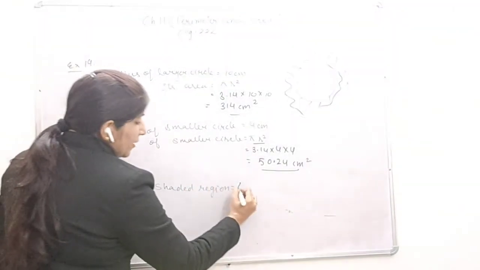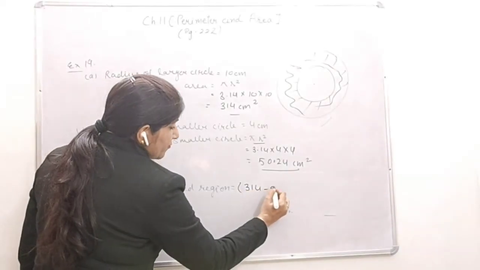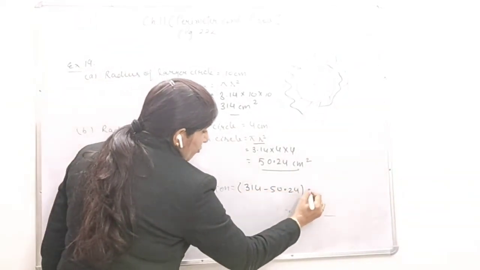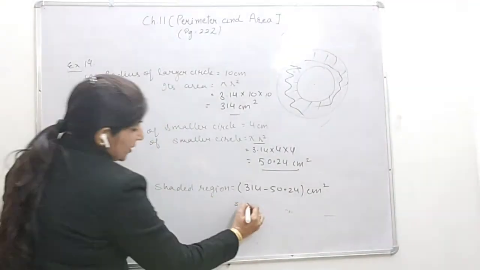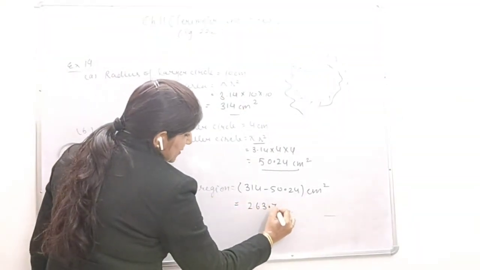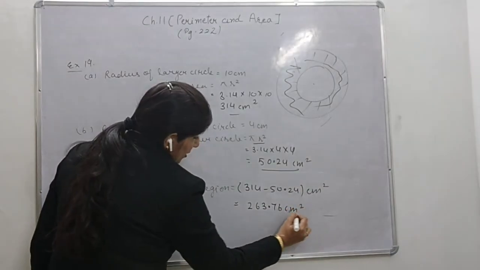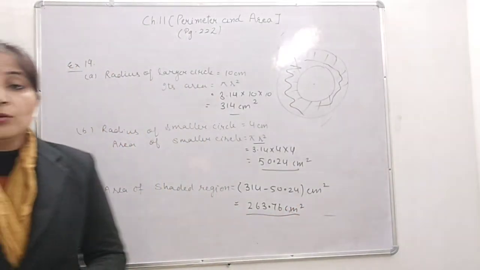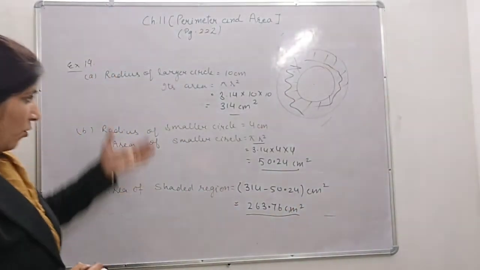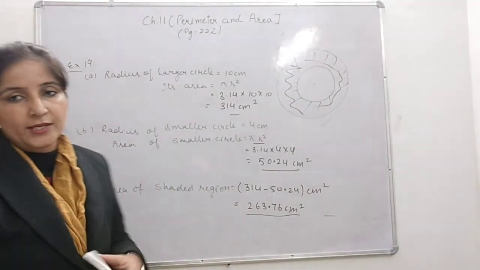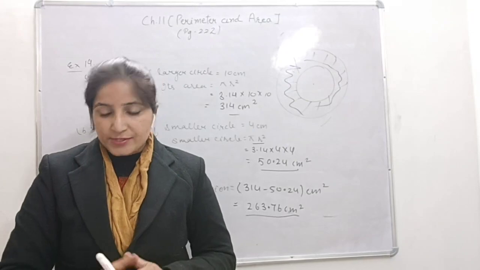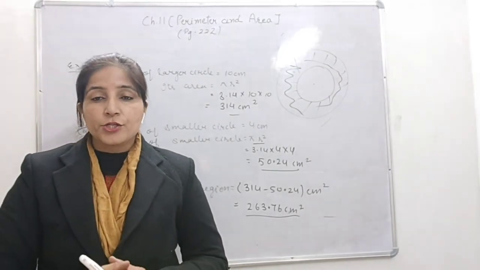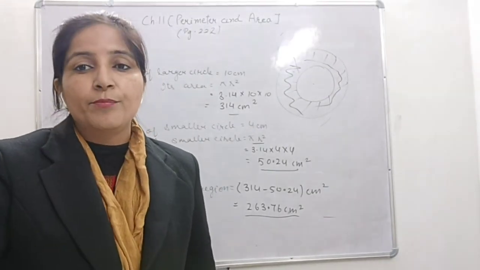So that is 314 minus 50.24. After solving, we'll get 263.76 centimeter square. So this will be the required result. All three things we have found out. In this way we have finished all the examples till now. Now we'll continue with exercise 11.3.